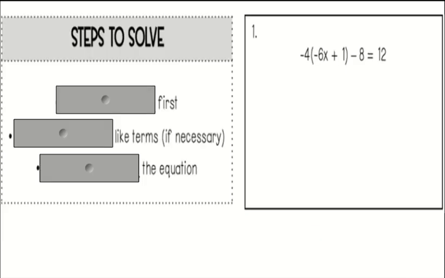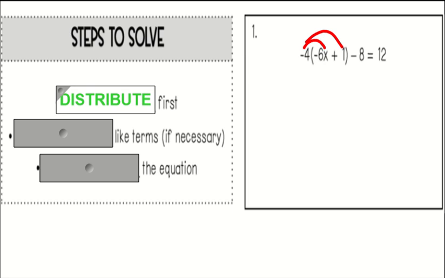So just to go through it again, your steps when you solve. You distribute first. If there is anything to distribute, if there's any parentheses, that gets taken care of first. So if we look at number 1 right here next to it, I've got parentheses. That -4 gets multiplied to both parts inside the parentheses.